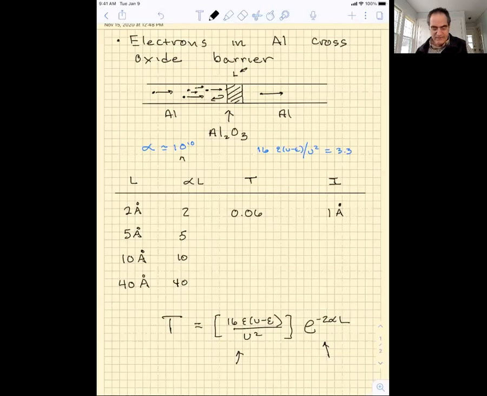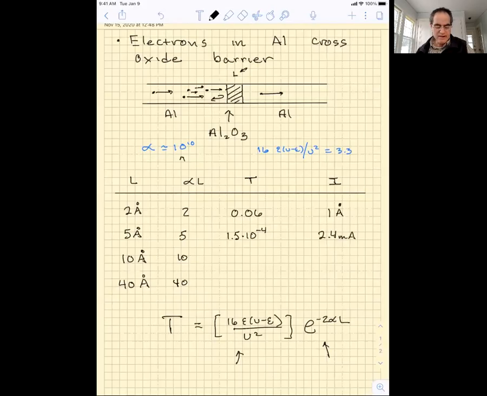So now, in the same way, we can find the transmission probability for a 5 angstrom barrier. It works out to be 1.5 times 10 to the minus 4. So if we had 1 amp in the first case, we would only have 2.4 milliamps transmission for a 5 angstrom barrier.